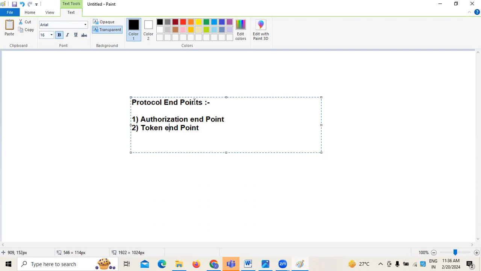But at the end of the day, whether it is the authorization endpoint or the token endpoint, the major advantage and scope is that it allows client applications to be restricted to a specific scope of the access request.